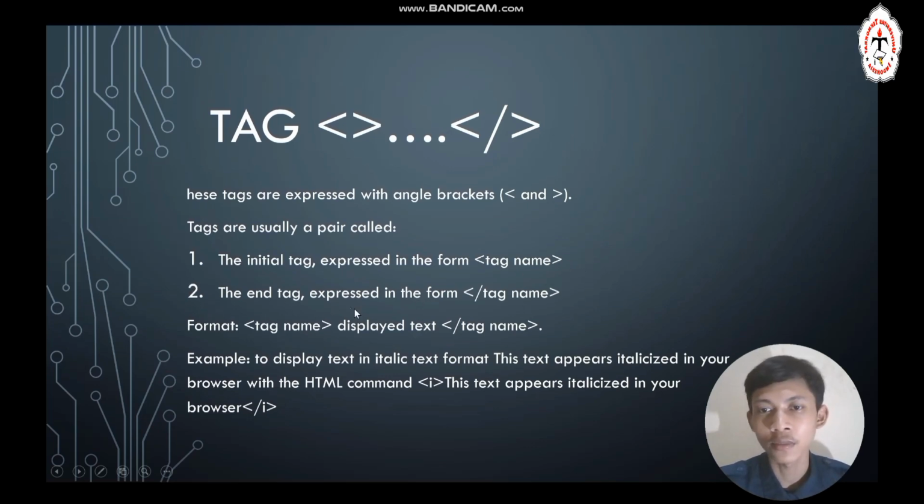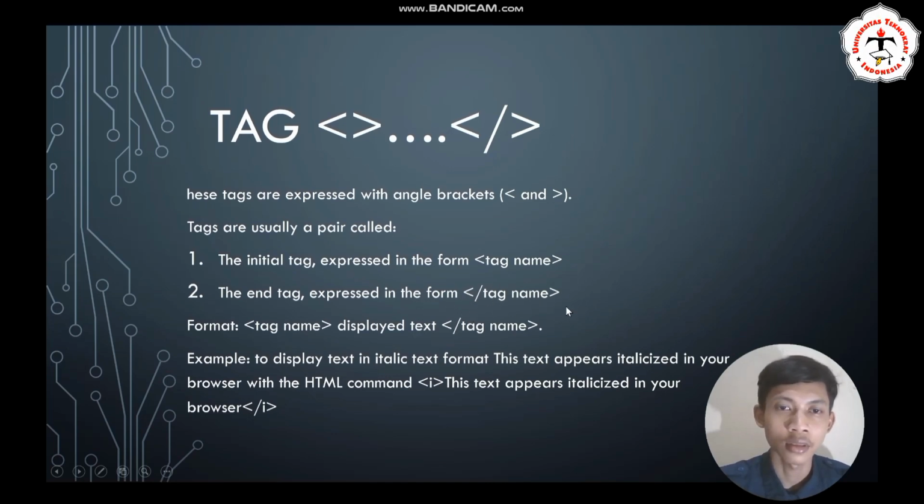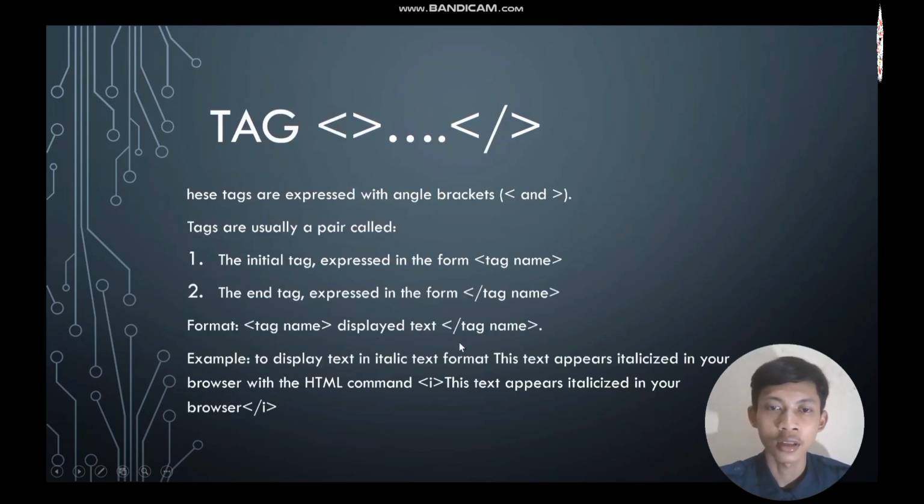The end text expressed in the form open angle brackets slash text name and close angle brackets. Format like this: text name, displays text, and slash text name in angle brackets. For example, to display text in italics, this text appears italicized in your browser with the HTML command E.